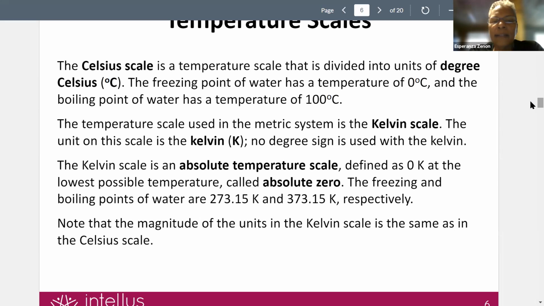And while this scale works for most applications, the fact that it depends on the freezing point and boiling point of water introduces some variability in measurement. Meaning, as the atmospheric pressure changes, the boiling point and freezing point of water also change. And so that introduces some inconsistency.